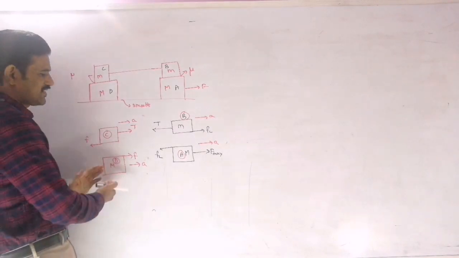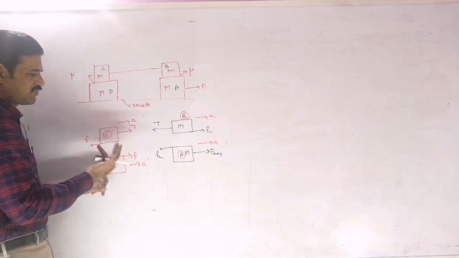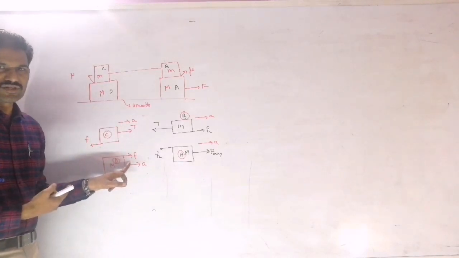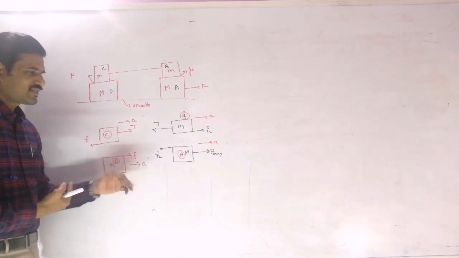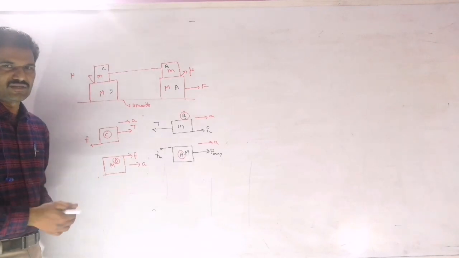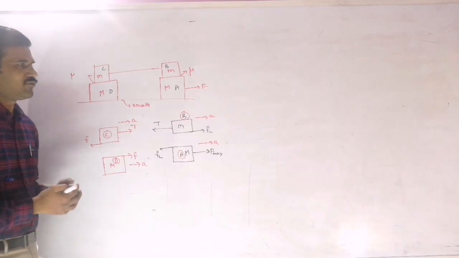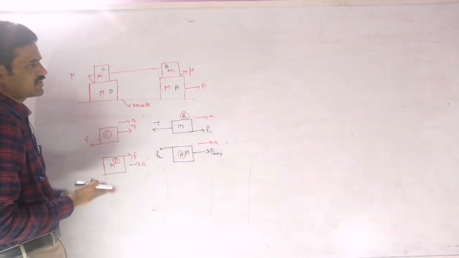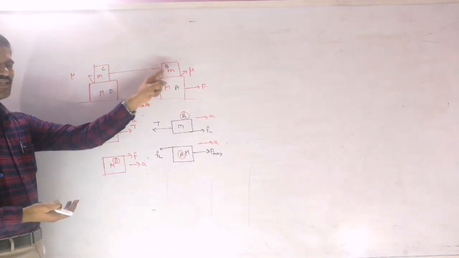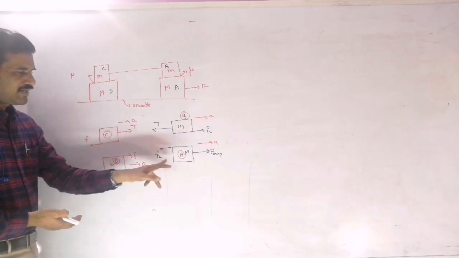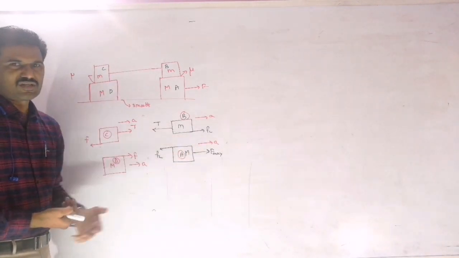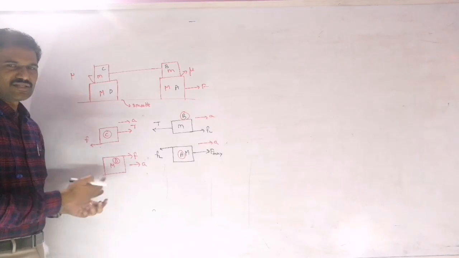If you take the limiting friction here also, the acceleration may be different, because limiting friction and limiting friction are both numerically equal here, since we are taking the same coefficient of friction and the same normal reactions. But here the situation, the force, is different, and so here we are taking some limiting friction.